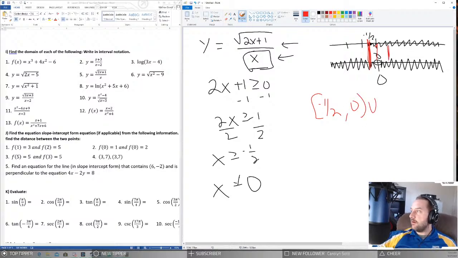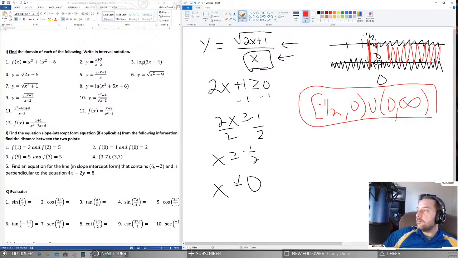But then all of this is overlapping. So therefore, from 0 to infinity, it's going to be overlapping. Any questions on that one?